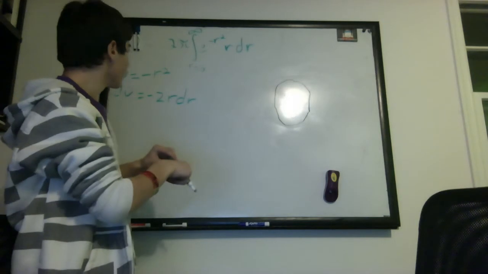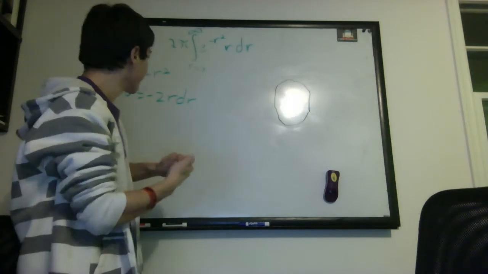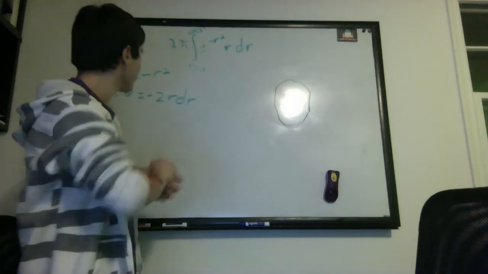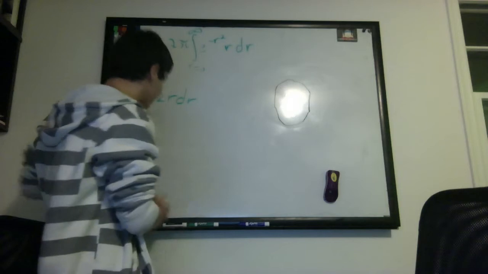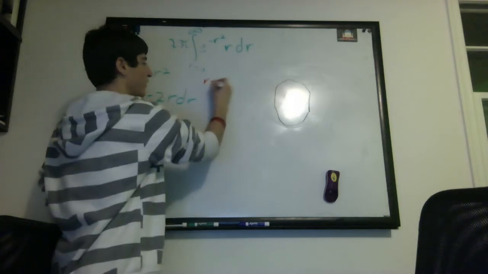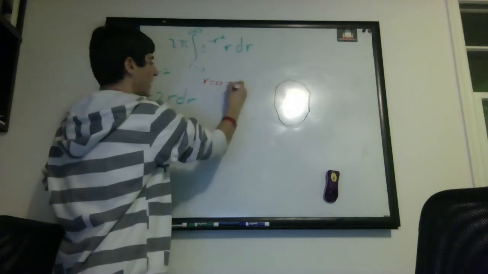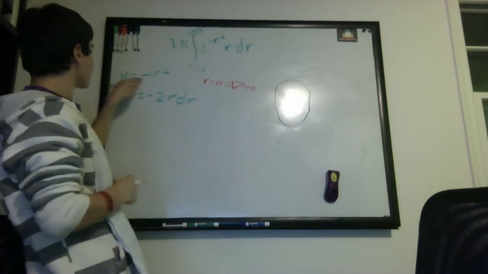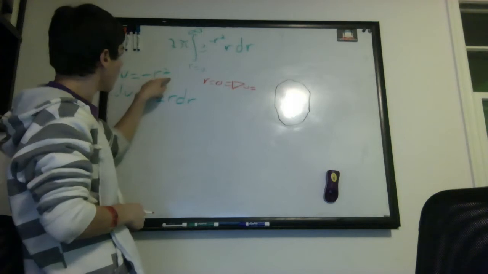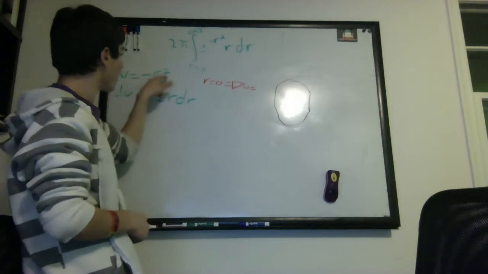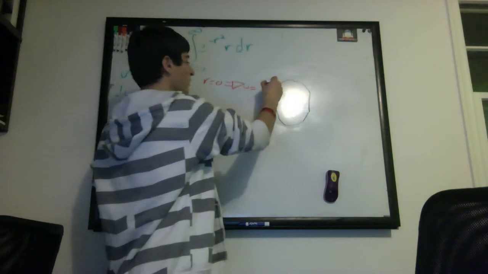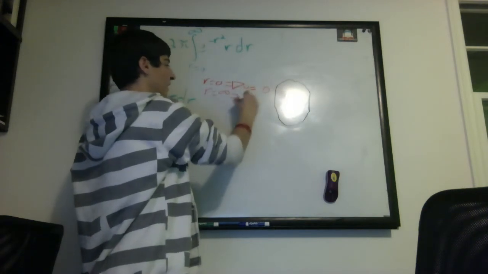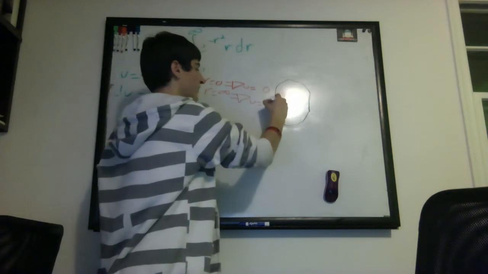So first off we have to change the bounds, from r equals 0 to r equals infinity. When r equals 0, u is minus r squared, so u is 0. When r is equal to infinity, u is equal to negative infinity.